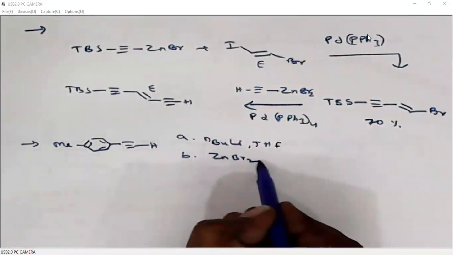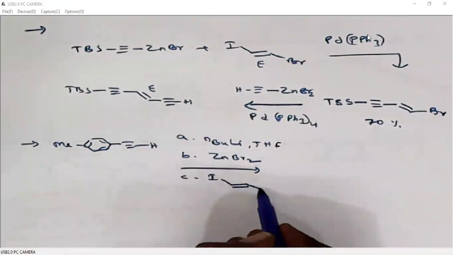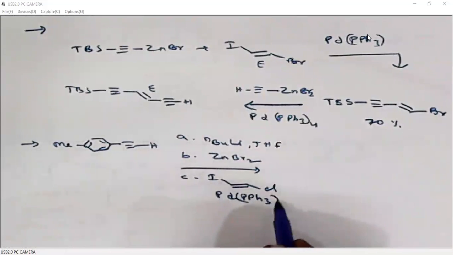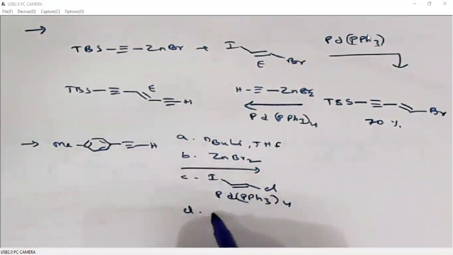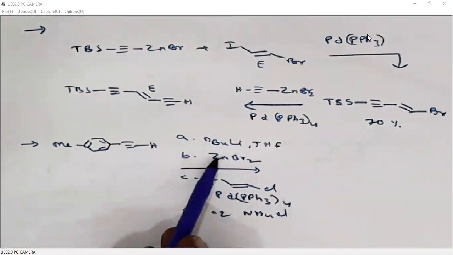This is again Negishi coupling only. The aqueous ammonium chloride is the workup at the end of the reaction. Now n-butyl lithium will pick up the proton here. Then zinc will be added, and the anion will attack the zinc.